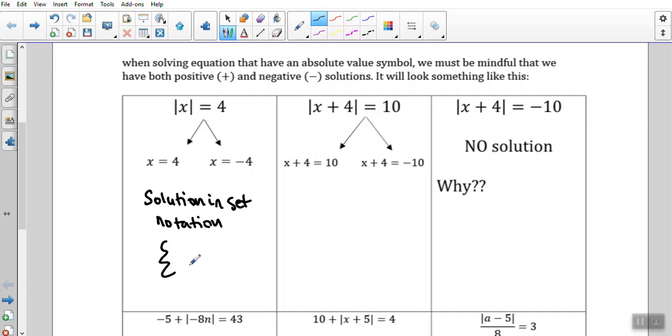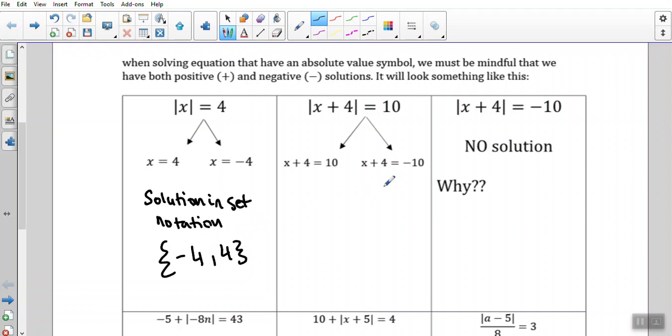You use these squiggly brackets, well, actually they're called curly brackets, and you just list out the answers. Okay, remember, when you have these curly brackets, you're just looking at whatever's inside. You're not looking at it as an interval.